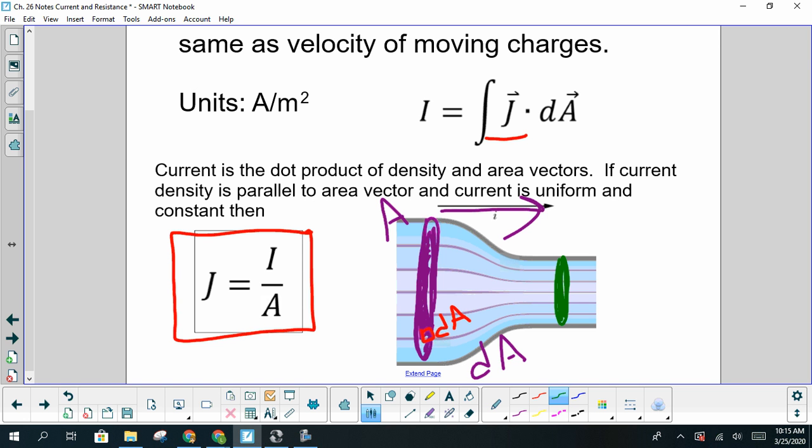That doesn't necessarily mean that the charges are moving faster, which is a little tough for us to understand. There's more of them moving, because remember, a current is not a speed, it is an amount of charge that is moving per second.